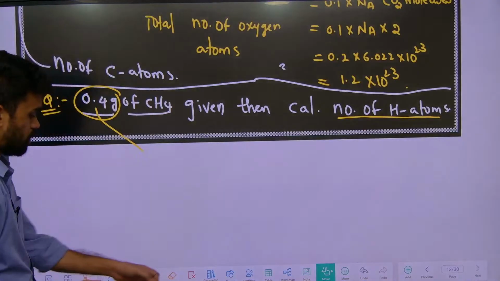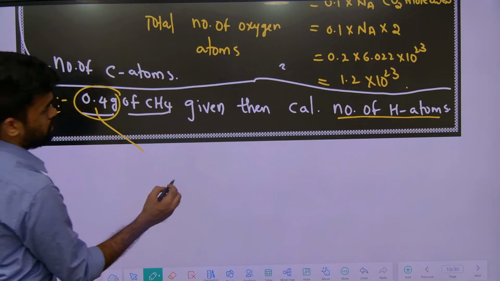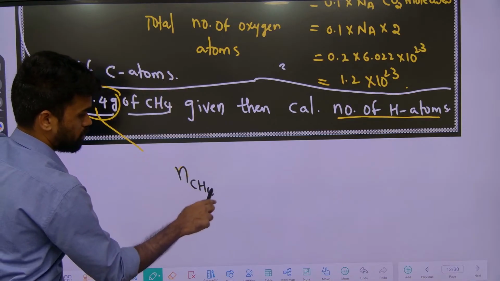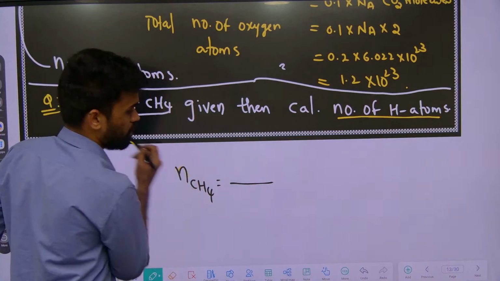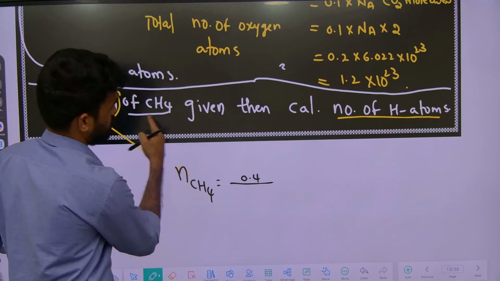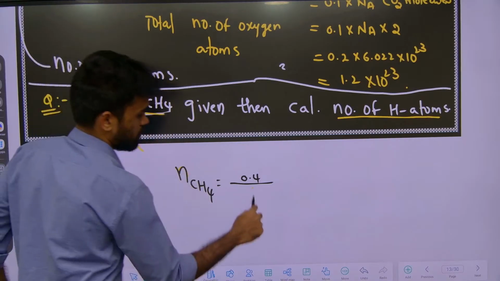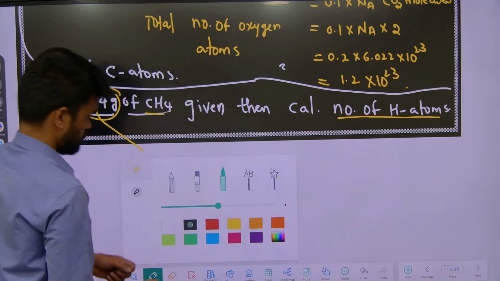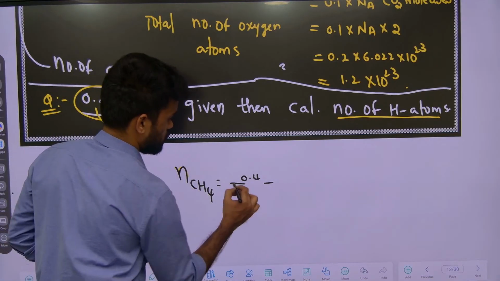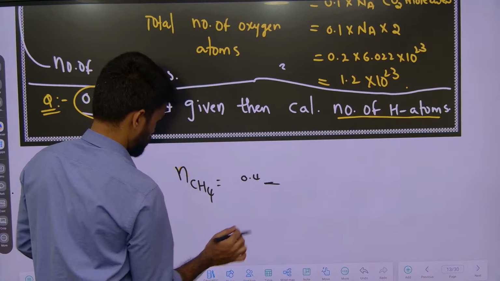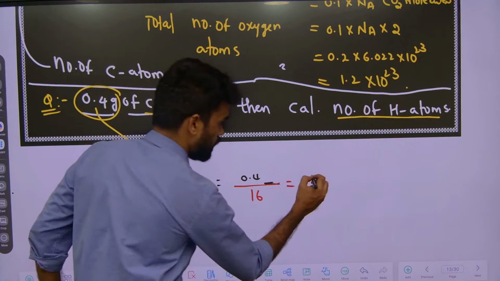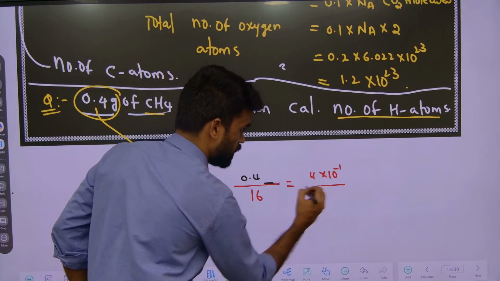So tell me how to solve. First, number of moles of methane. Given weight, molar mass 16. So how can you write this? Simply 4 into 10 power minus 1 divided by 16.